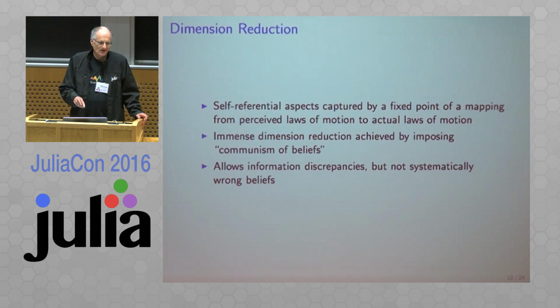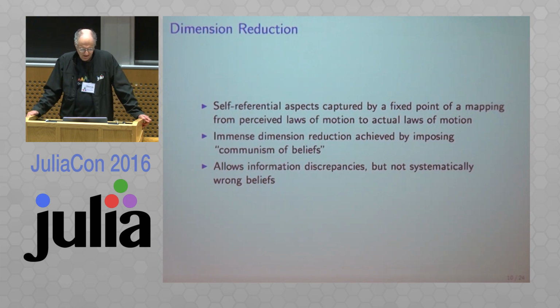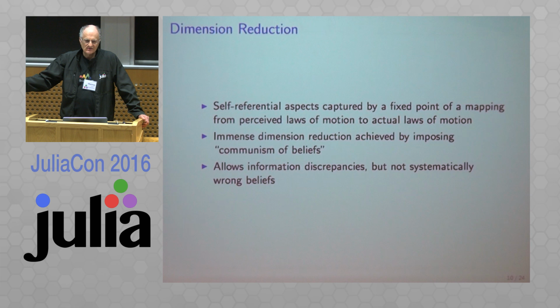Many of the things I'm talking about have been touched on in earlier talks that I've heard, in terms of the objects in play and the scientific concerns about dimension reduction. I mean, that's what machine learning is. Okay, so for us, there's a self-referential aspect: the agents' beliefs about the future are actually influencing future outcomes. There's this loop.